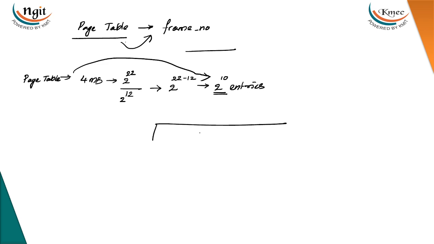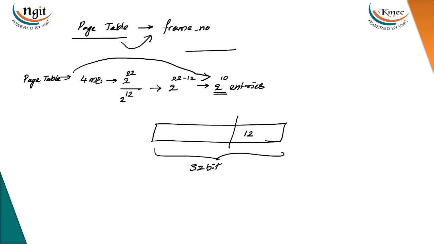That means if we have a 32-bit system, the page size is 12 bits, and the total number of pages are 2 to the power of 20, that represents 20 bits. In this particular 20 bits, the actual page table is 20 bits, right?